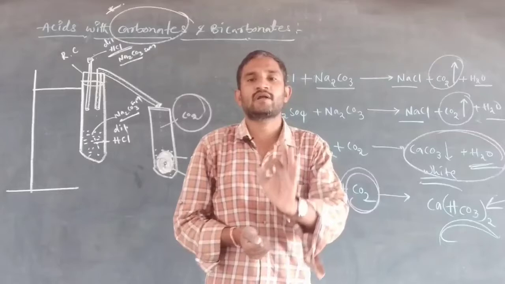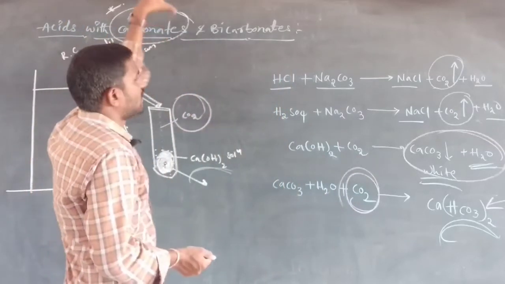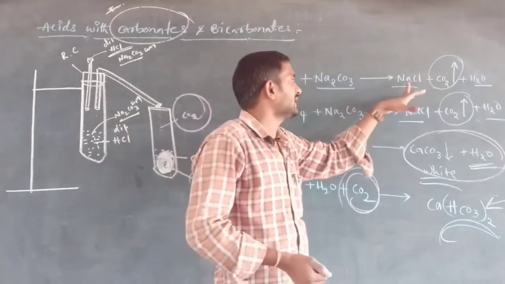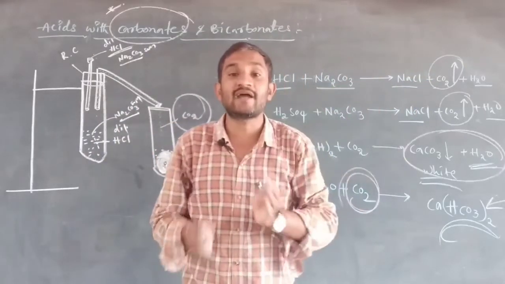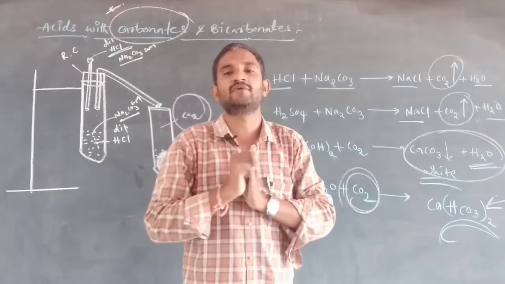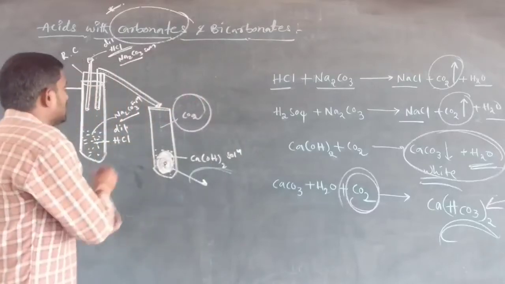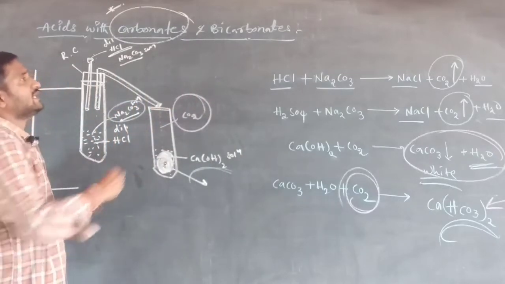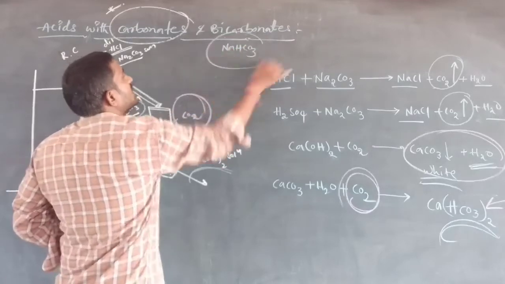Once more, I am concluding this activity. When acids react with carbonates, some amount of salt forms along with carbon dioxide and some water. Suppose in place of sodium carbonate I take sodium bicarbonate, NaHCO3.